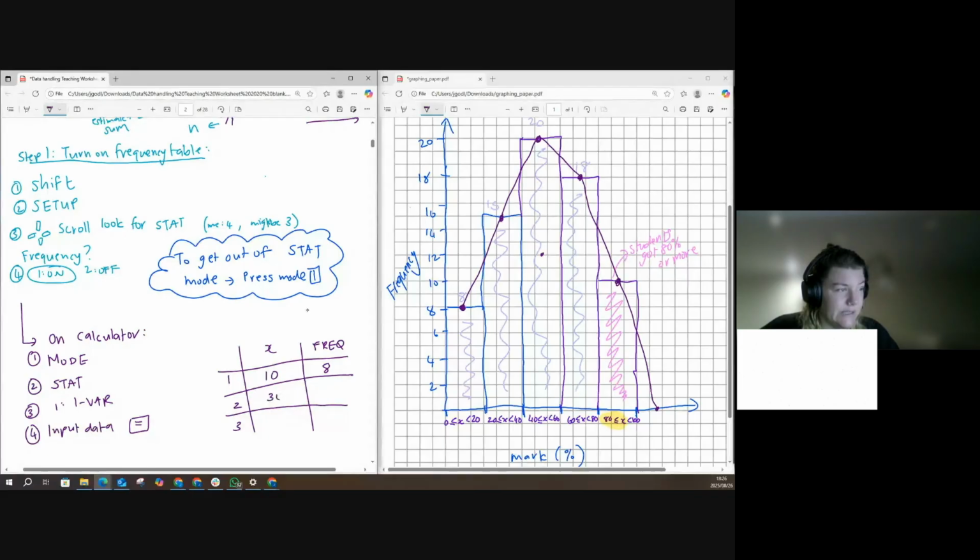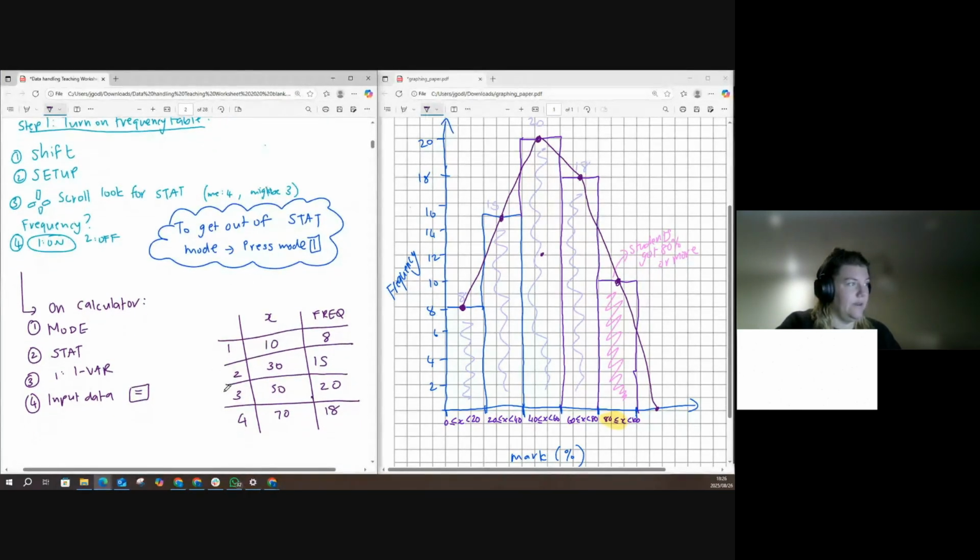And then 30, with a frequency of 15. And 50 with a frequency of 24, then 70 with a frequency of 18. And the last point is 90, and that had a frequency of 10. Okay, so you're just going to input that into your calculator exactly like that.